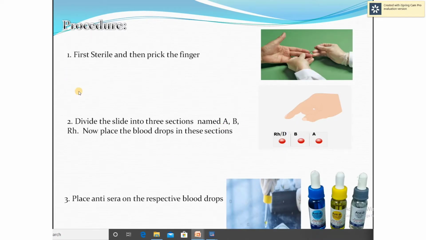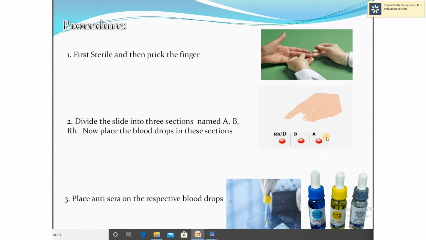What you have to do is, first of all, sterilize your finger and then prick the finger. As soon as you prick your finger, you'll get a drop of blood. Before doing this, please divide your slide into 3 sections, and after that, as soon as you get a drop of your blood, place the blood drop in these sections.